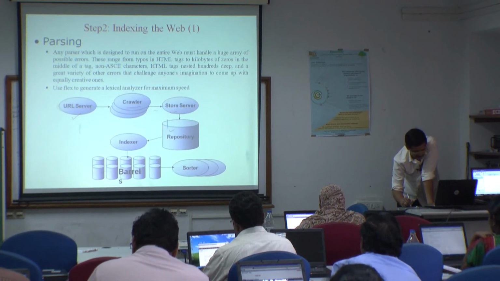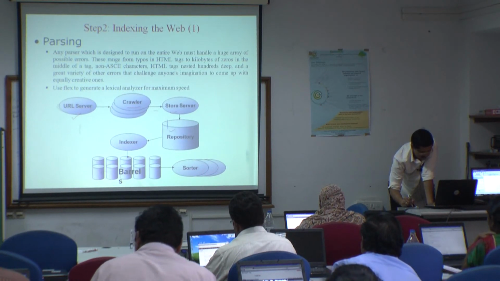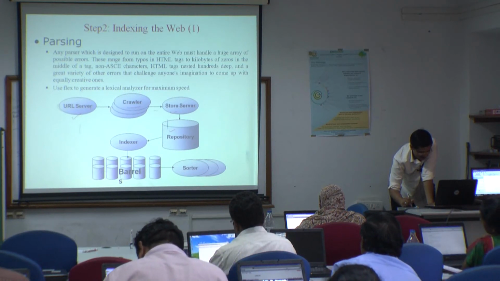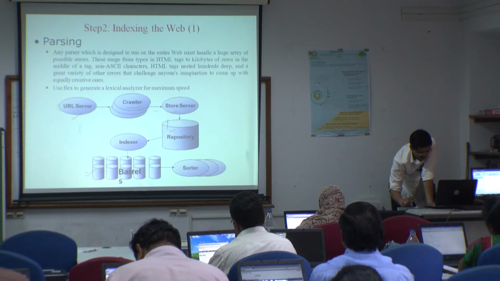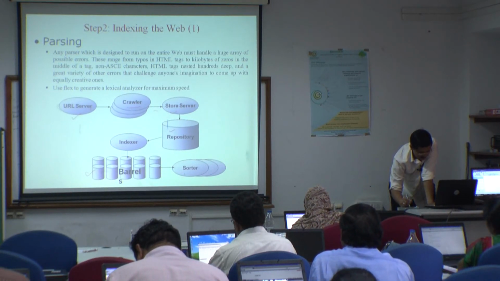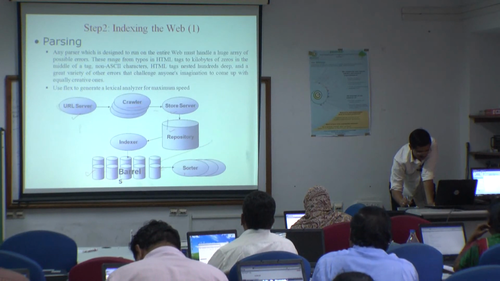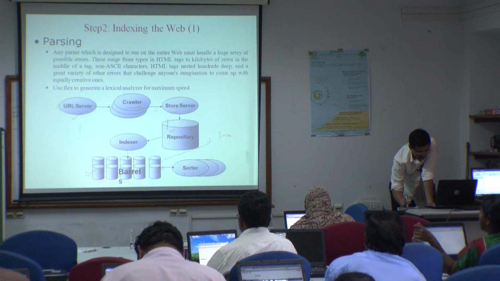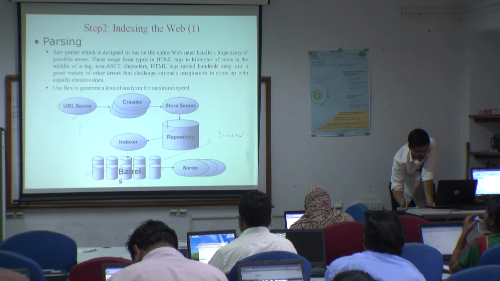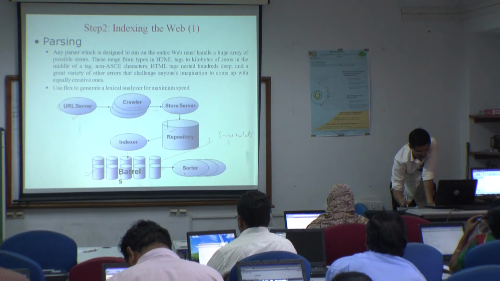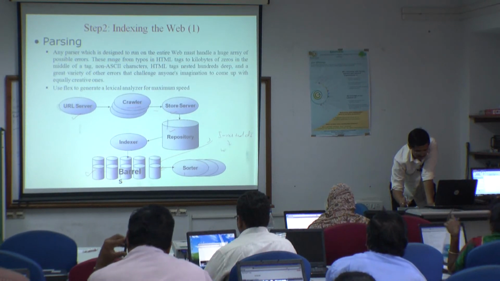From there they send it to the repository, and then the indexer calculates the inverted index for the given documents and stores it into barrels, and a sorter sorts the data stored in each barrel. Now each barrel contains the inverted document index, meaning word plus document ID.